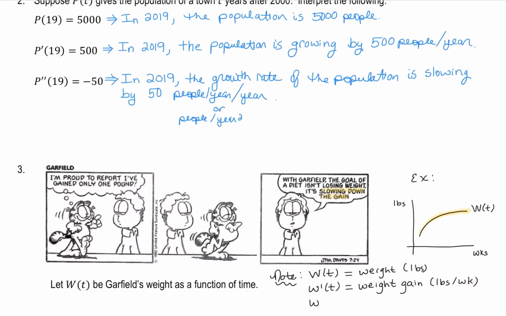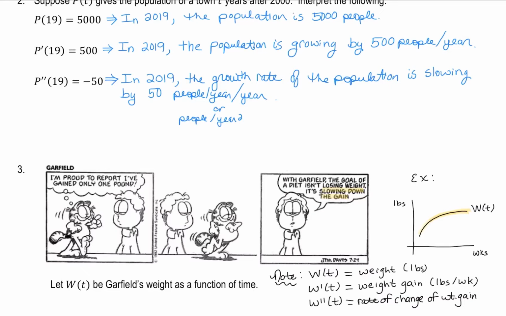Then the second derivative is describing, honestly, this is a bit like number 2, I should have varied it up a little bit, because he's really talking about wanting to slow his gain. The second derivative is the rate of change of his weight gain.